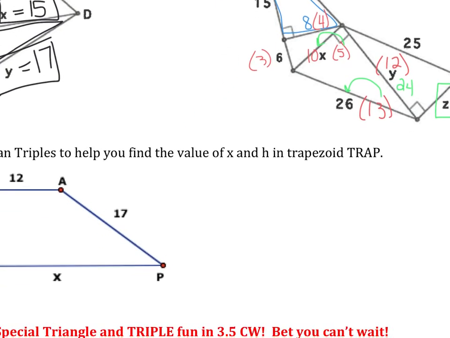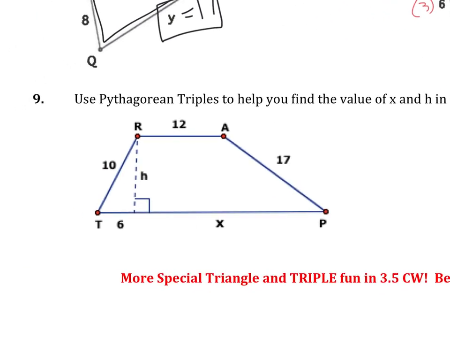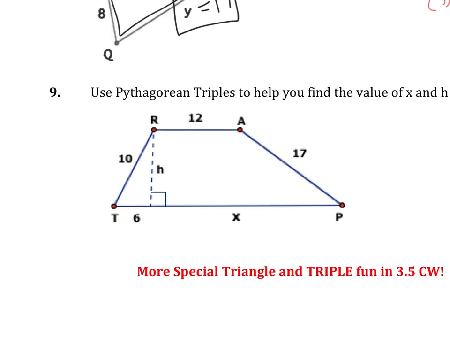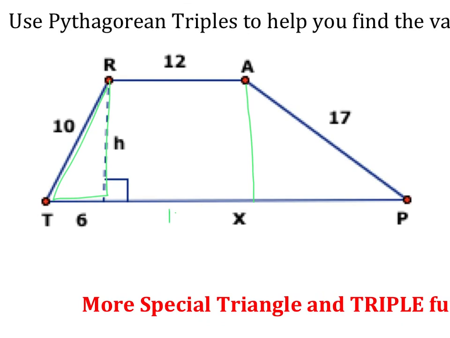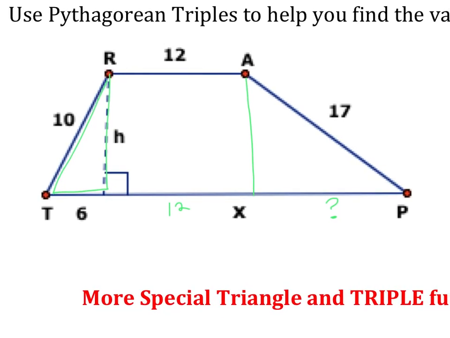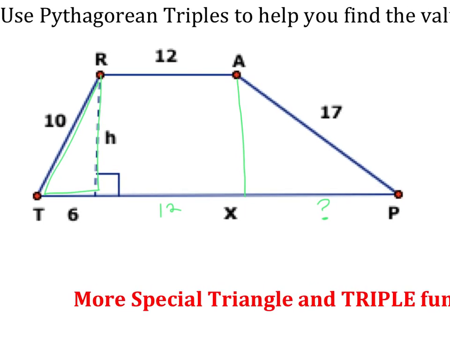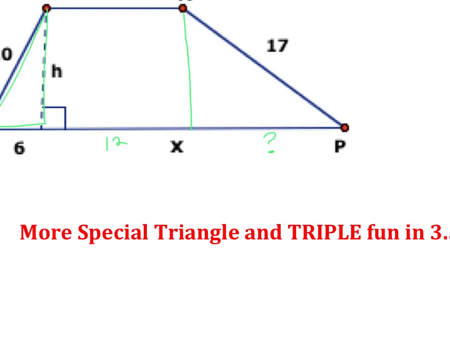Okay? This last problem, I would like you to try to find this on your own. Find the h value. Notice we have a triangle here that's a triple. And then you'll be able to find x because this side's going to be 12. You have to find the distance from here to here. Try that one on your own and see what you get. Pause the video.